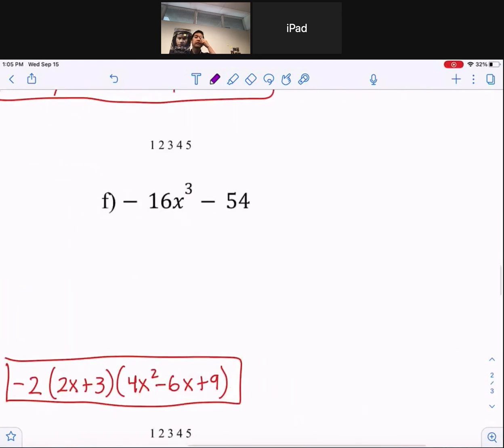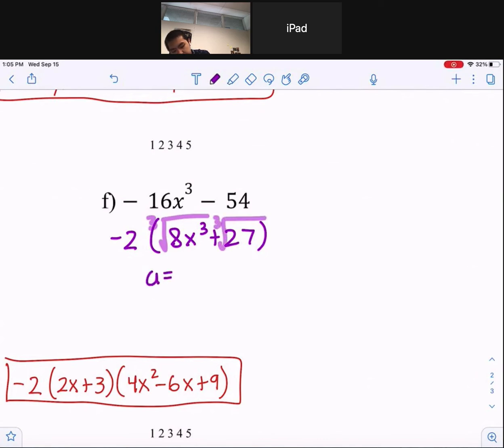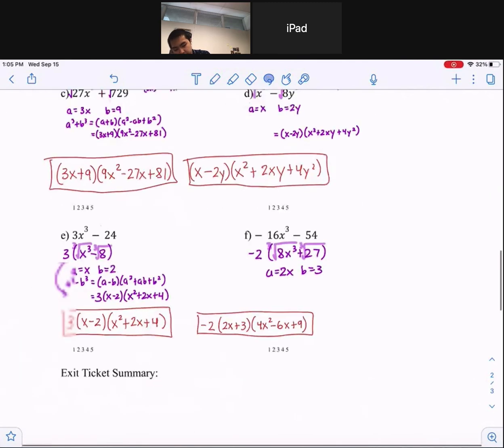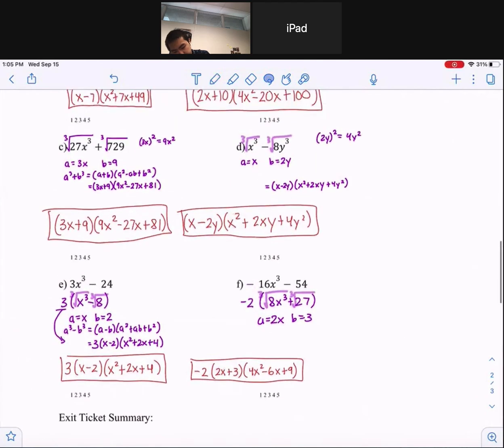Lastly, negative 16 and negative 54 are not perfect cubes. So as a result, we can factor out a negative 2 from both. 8x to the third plus 27. Cube root that, cube root that. So, a is going to equal 2x, b is going to equal 3. We're going to be using our plus one.